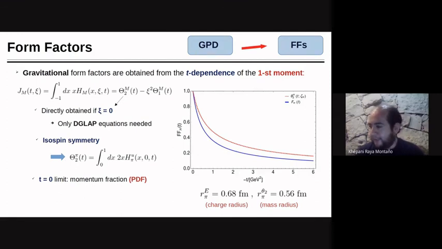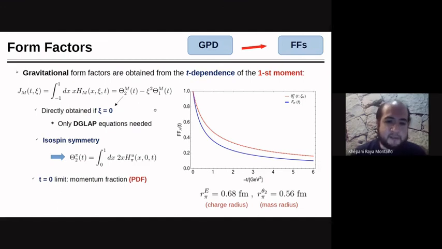I also believe that the same process that allows you to extract the GPDs, such as deeply virtual Compton scattering, could in principle give you access to the gravitational form factors. I think this is something of the DGLAP physics, but I'm not really sure.